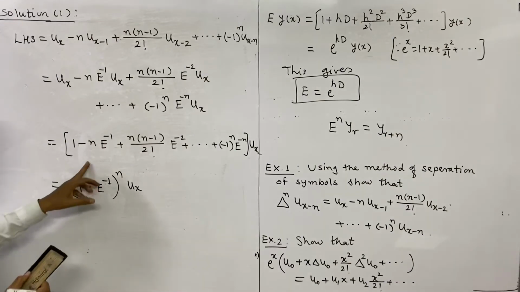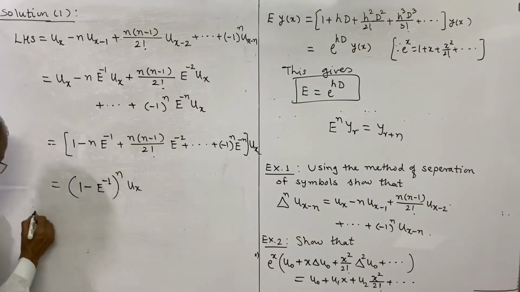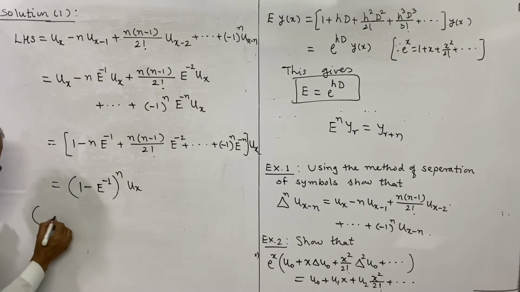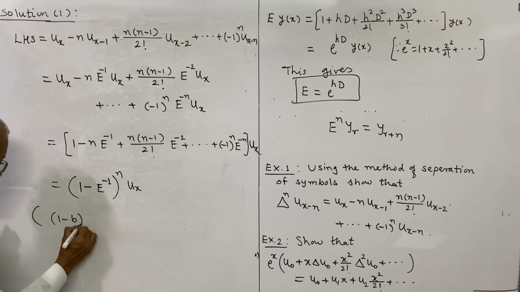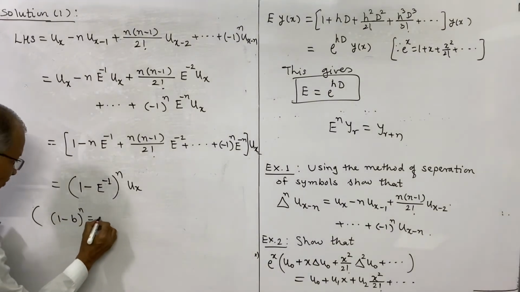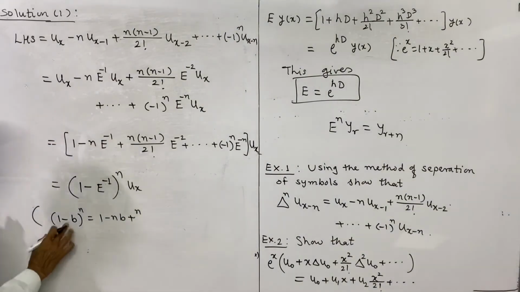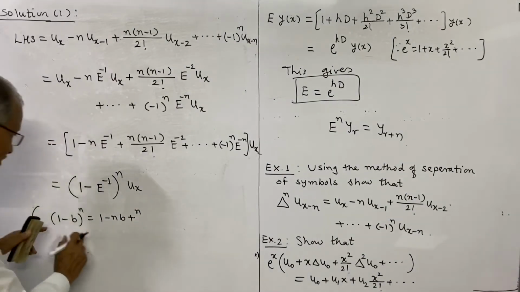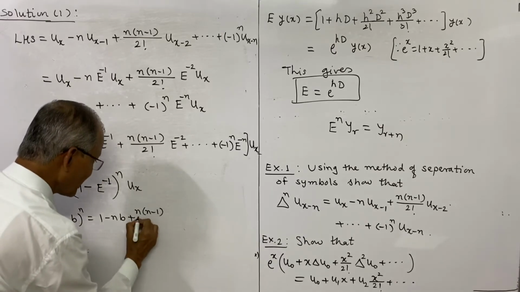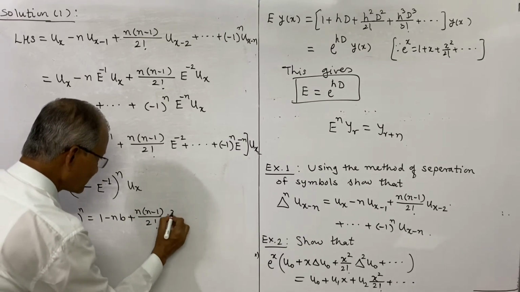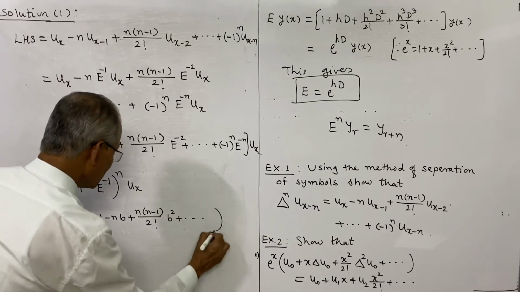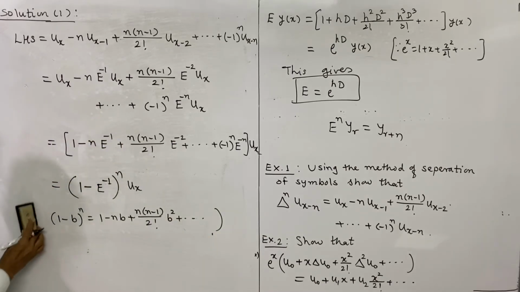This is the binomial expansion because the binomial theorem is, 1 minus b to the power n is equal to 1 minus nb plus alternate signs, n into n minus 1 divided by 2 factorial b square, etc. So this is using this result.